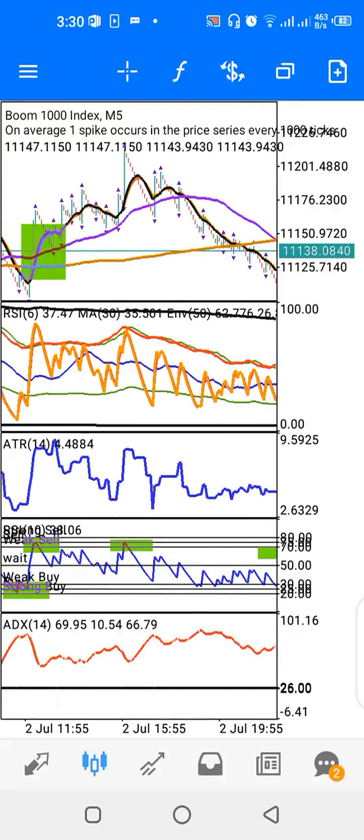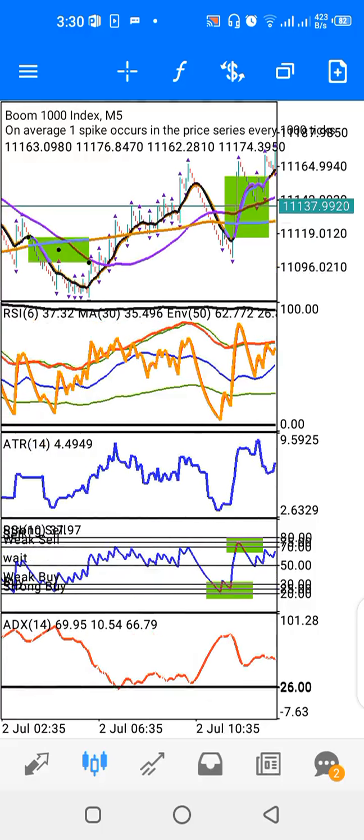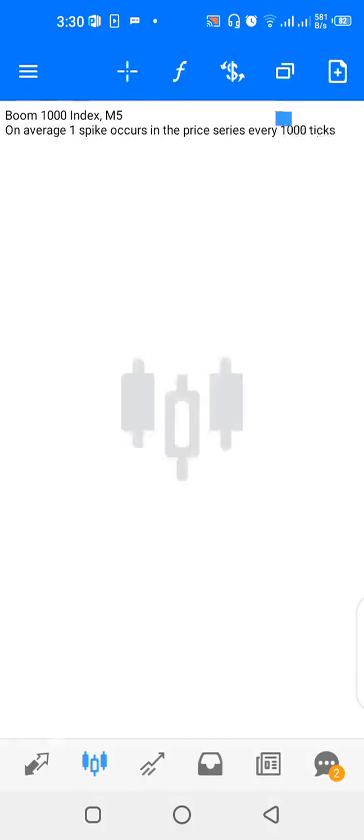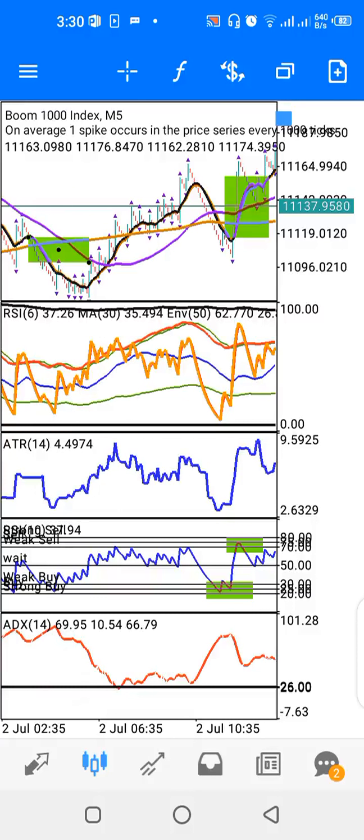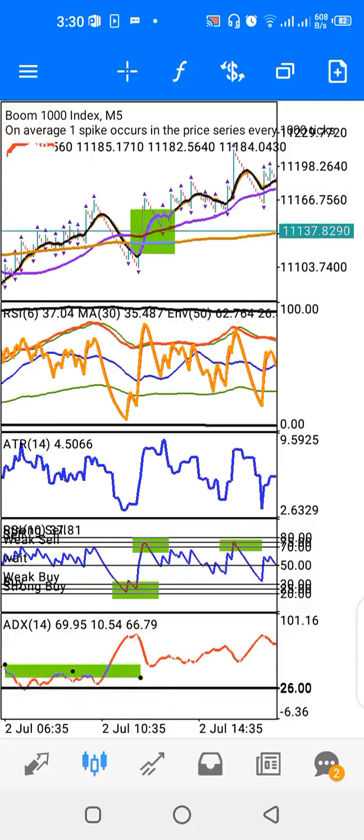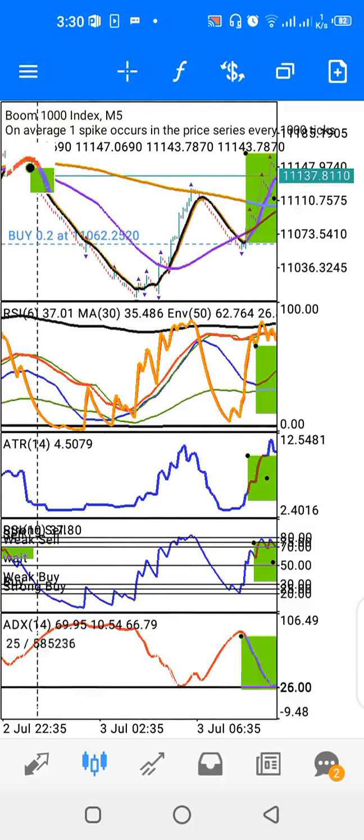For indicator window 4, which is the last indicator window, where we have the ADX indicator, whether you're buying or selling, whether it's on boom or crash, you trade whenever the ADX line is above the 26, 25 level. Whenever it's above that level, that means you are out of range and you can trade.